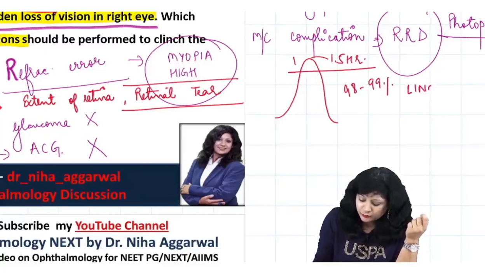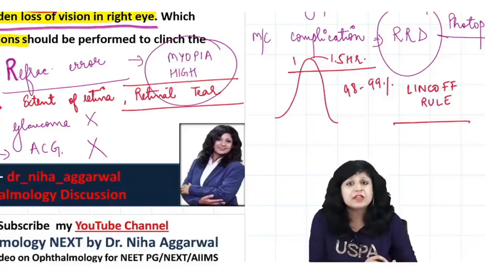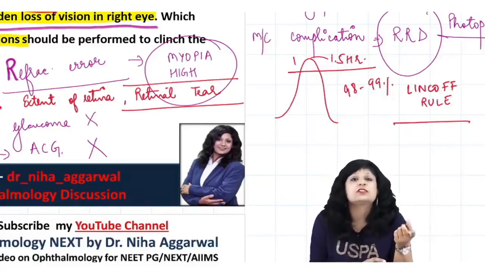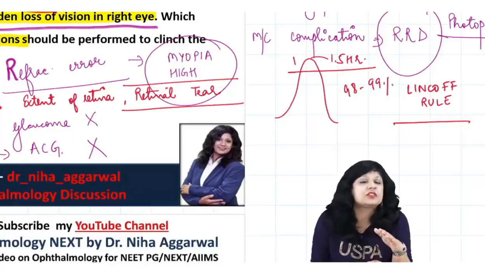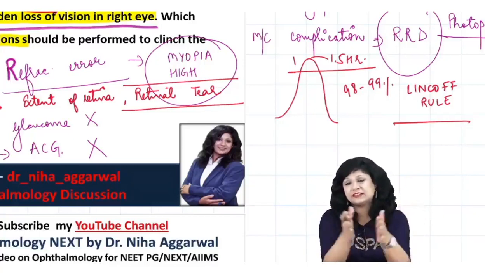According to the Lincoff rule, you will get the retinal tear within the highest convexity of your detachment. So that is the reason that even before you do the retinal surgery, we do the indirect ophthalmoscopy to find that retinal tear. Because when we treat this rhegmatogenous retinal detachment, the first thing that you do is sealing that hole, sealing the retinal hole.